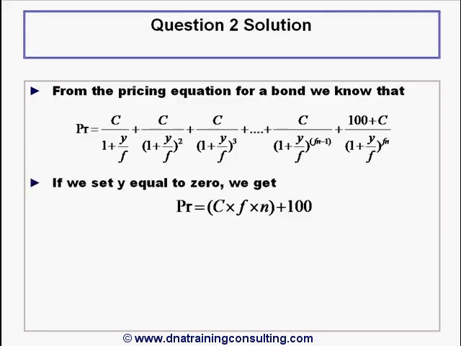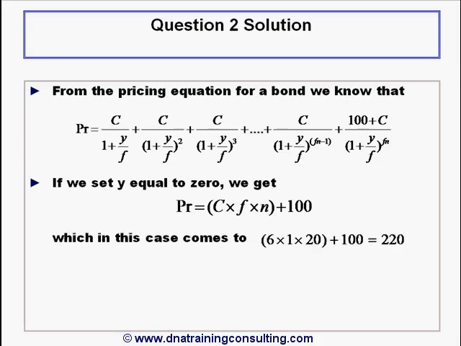If we now set y equal to 0, all the denominators become 1 and disappear, and therefore we get price equals coupon times frequency times number of periods plus 100. In this case, this comes to 6 times 1 times 20 plus 100, which is 220. So the correct answer is D, as in David.